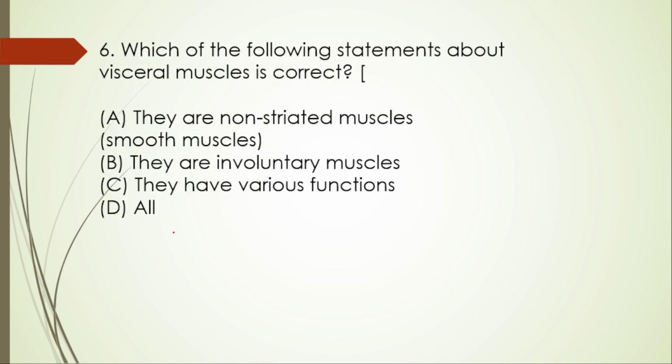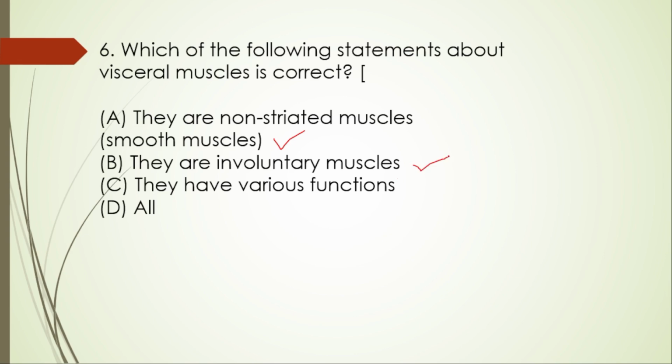Next question, that is question number 6. Which of the following statements about visceral muscle is correct? They are non-striated muscle, that is smooth muscle. Yes, correct. Visceral muscles do not have the banded appearance. They are involuntary muscles. Yes, of course.